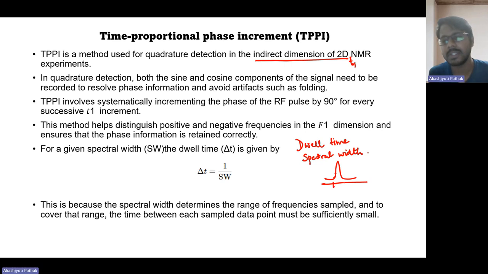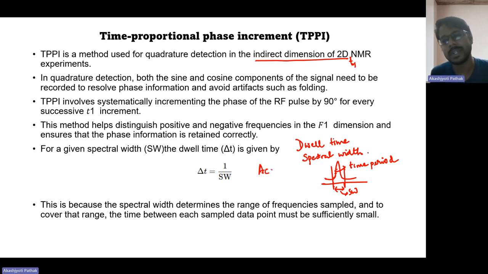This is called the spectral width. And what is the dwell time? The dwell time is the time period between recording two successive frequencies, that is, between two successive data points. That is called the dwell time, right?